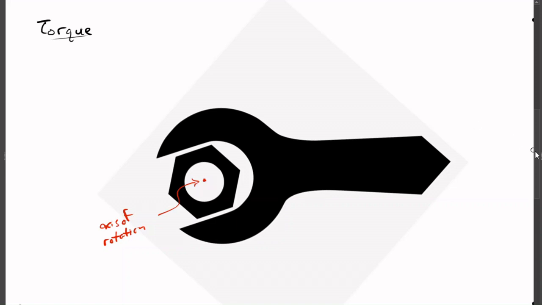Where we apply a force is also going to come into play. So if we apply a force, let's say that's straight up in this case, that's going to be our best model.